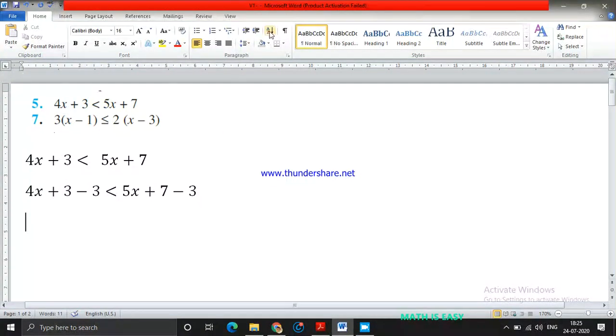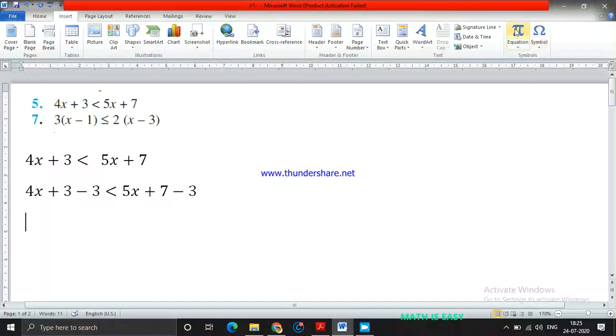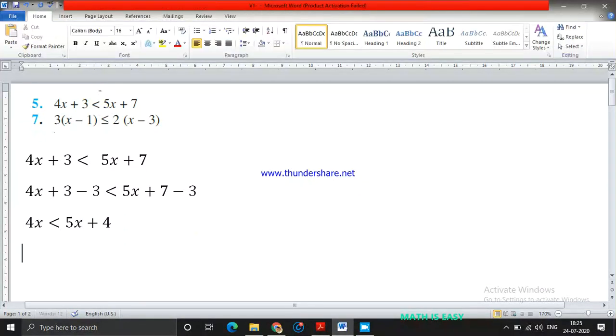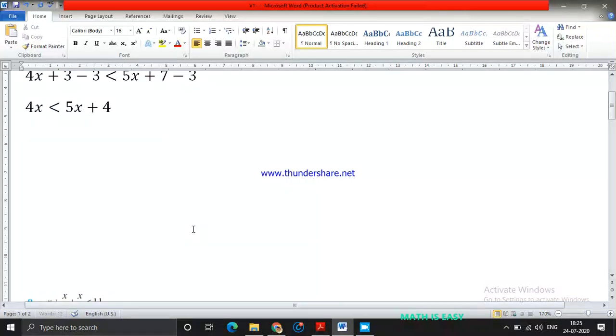Next, by adding this, what do you get? You get 4x is less than 5x plus 4. Now further you can do the same thing in a different way.